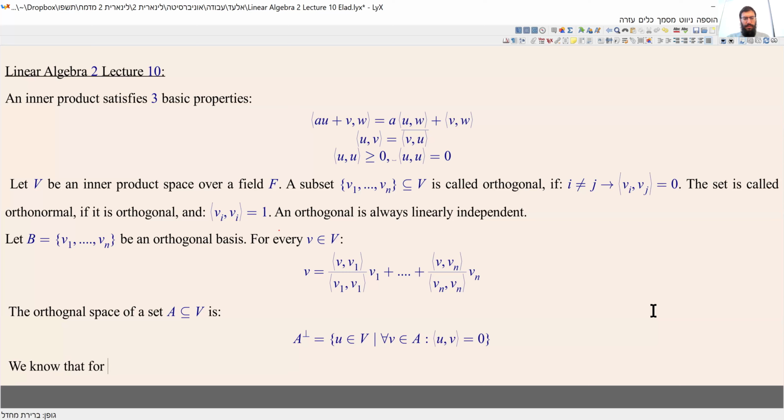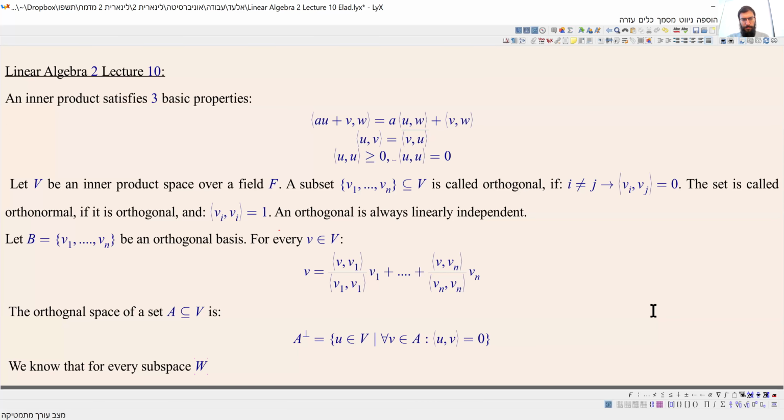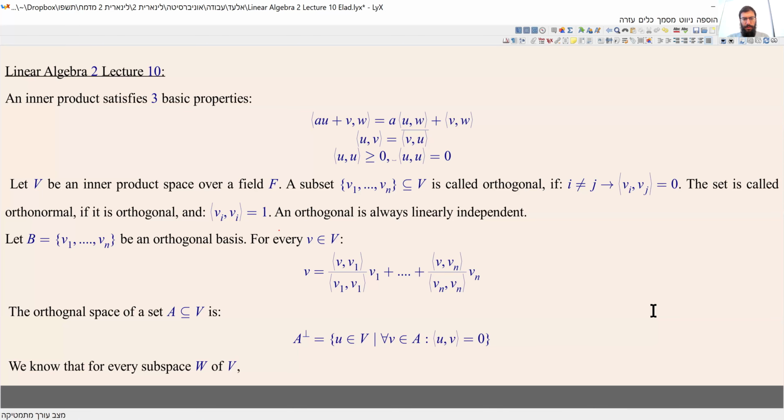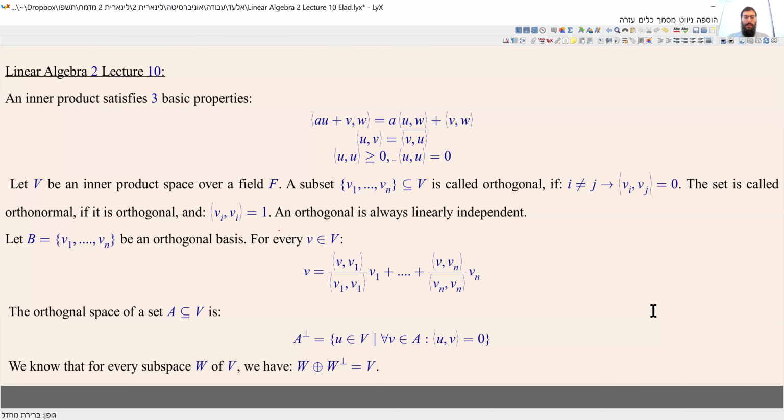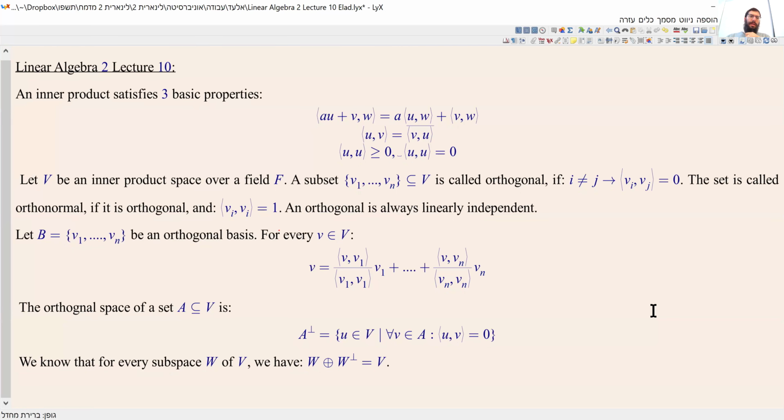Know that for every subspace W of V, we have that the sum of W and W perp is the space itself. What else did we know?